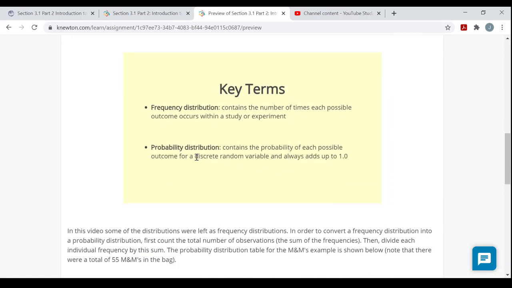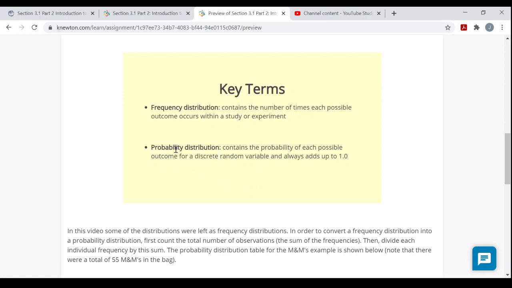We're going to be doing probability distributions for discrete random variables. Remember, discrete versus continuous: discrete can be counted, as opposed to continuous, where it is measured.